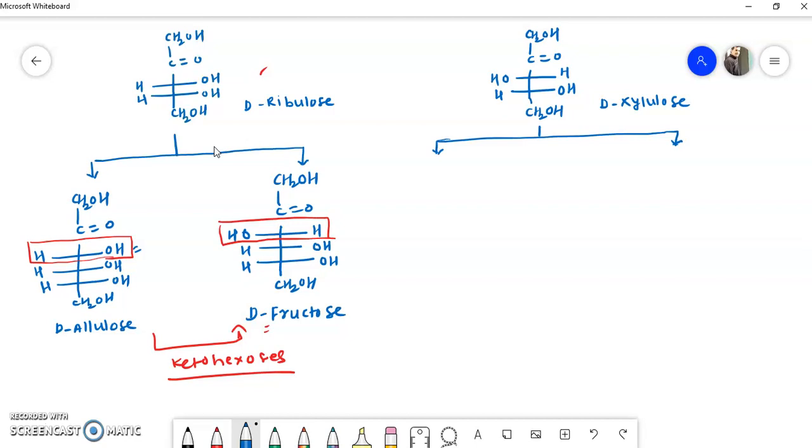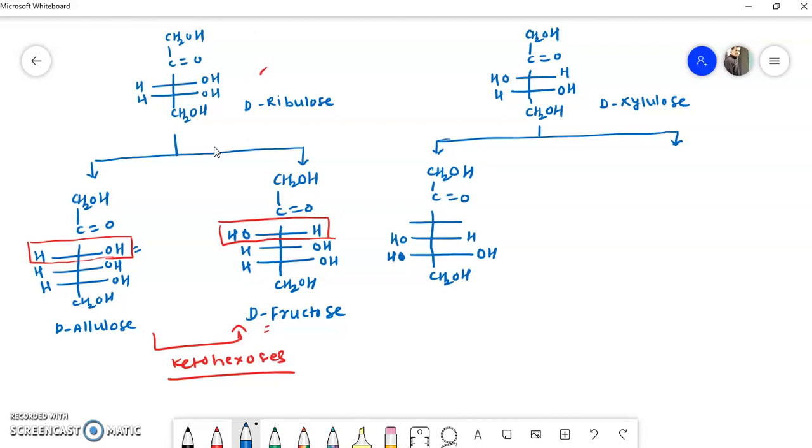Okay, so just write down this structure as it is and just increase the number of carbon atoms by 1. So this as it is. Now you just have to add one carbon more. So there are 2 carbons, here there are 3 carbons. So write down this initial group as it is.